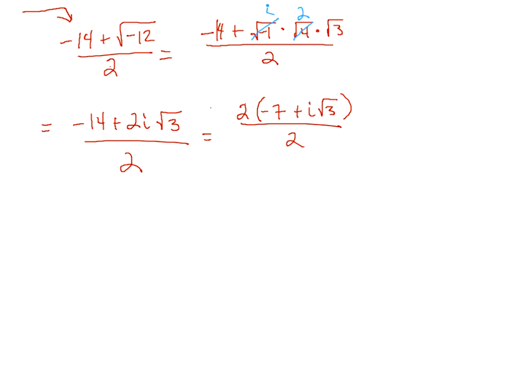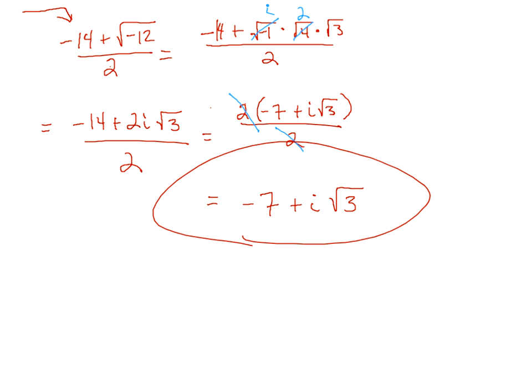Now I can come back and divide those 2's out, and my final answer here is negative 7 plus i square root 3. How is that, fellas?